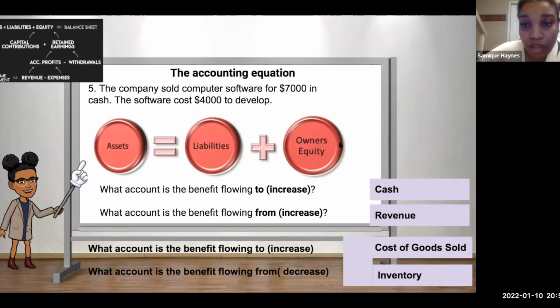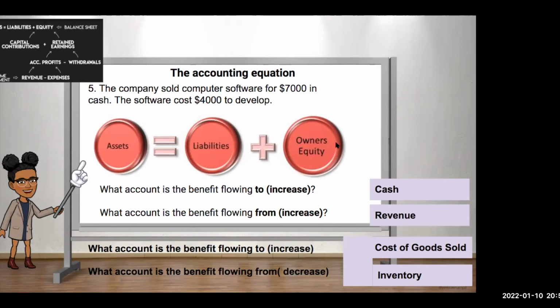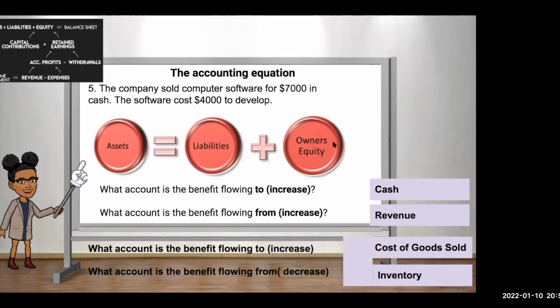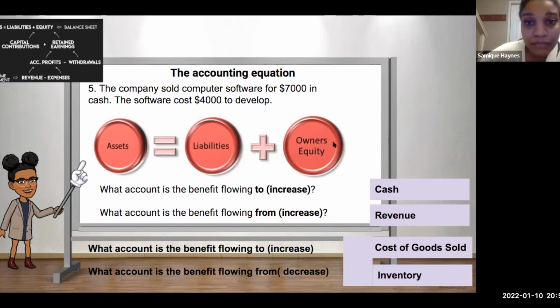Why does the $4,000 come out of owner's equity? Oh, because it's inventory, right? Because I thought owner's equity was just whatever the owner invested. So that's one side of it.